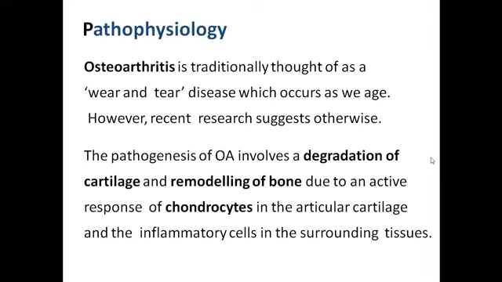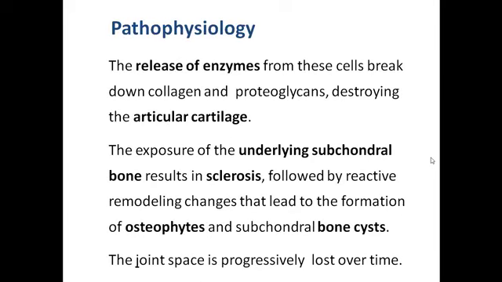The pathogenesis of osteoarthritis involves a degradation of cartilage and remodeling of bone due to an active response of chondrocytes in the articular cartilage and the inflammatory cells in the surrounding tissue. The release of enzymes from these cells breaks down collagen and proteoglycan, which destroys the articular cartilage.